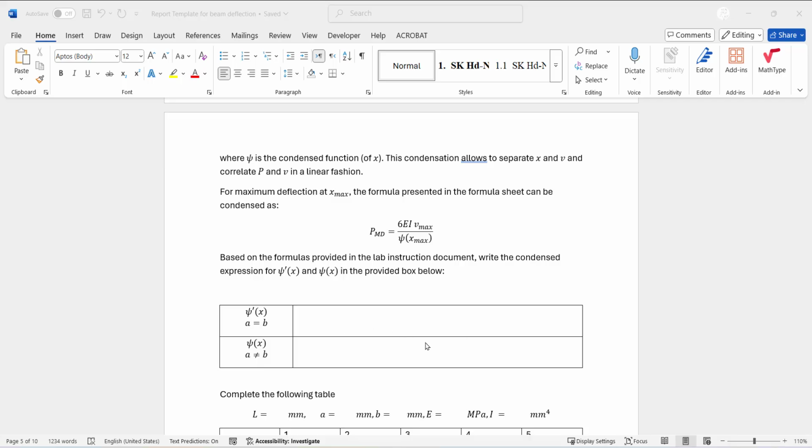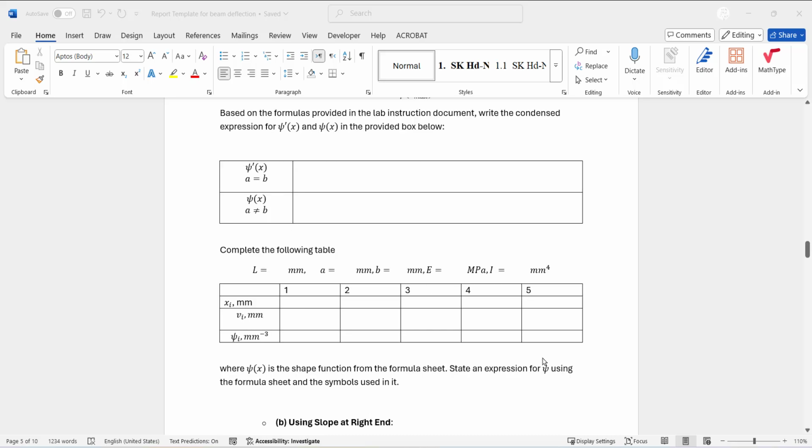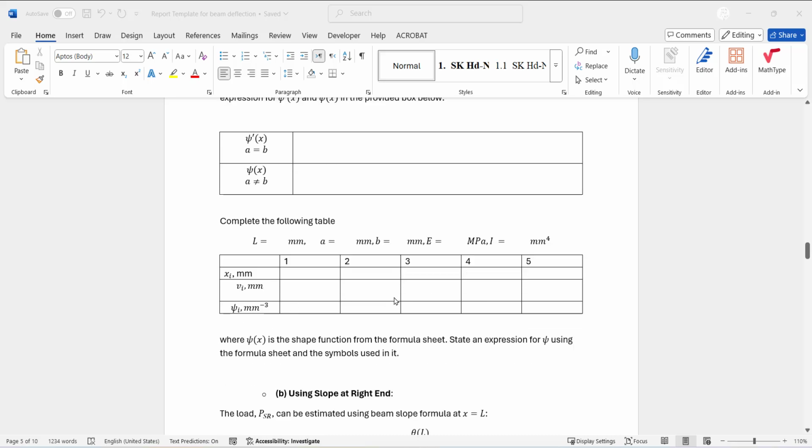Write down your psi functions here, and then for every measurement you already have the measured average V_i, so include your psi corresponding to each case here, excluding the start and end point.